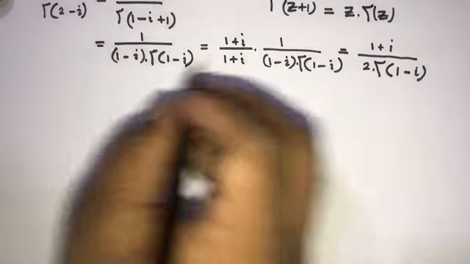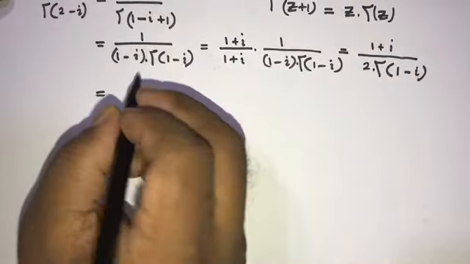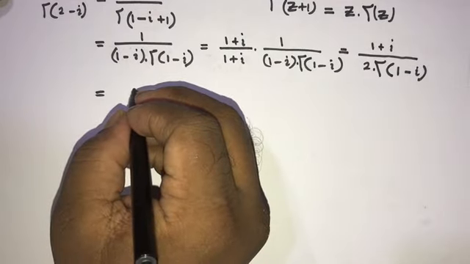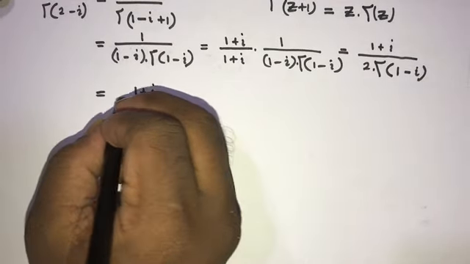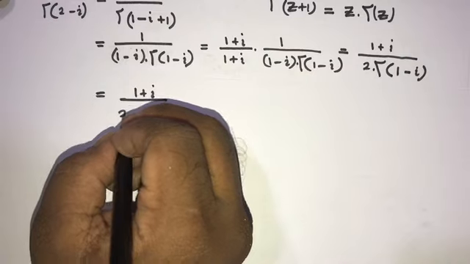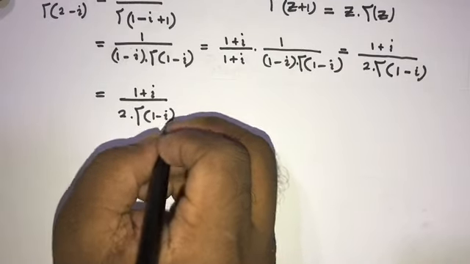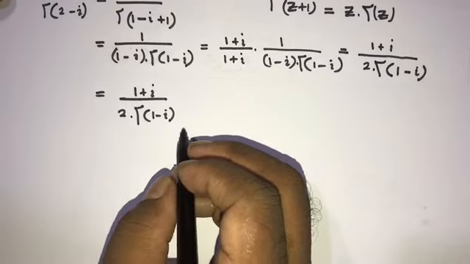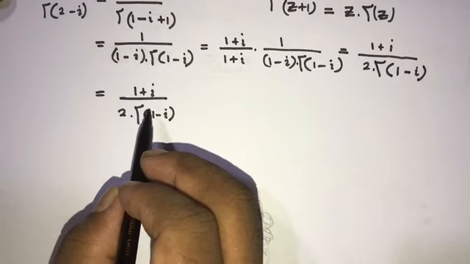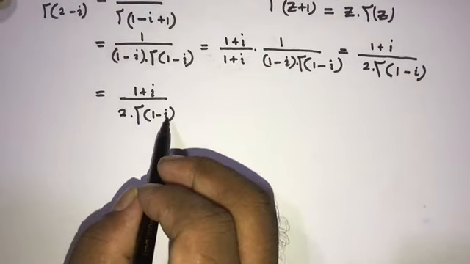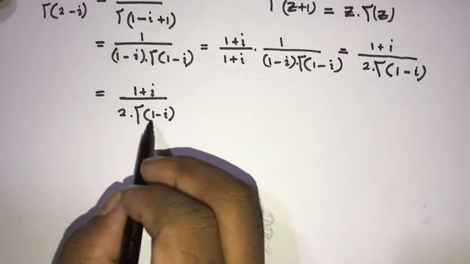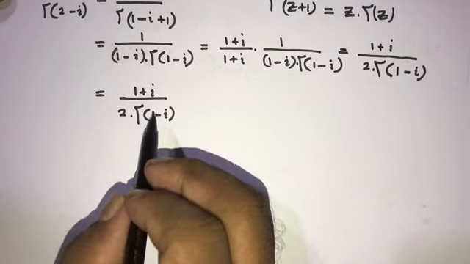Okay, I rewrite here: 1 plus i over 2 times gamma of 1 minus i. We started with 1 over gamma of 2 minus i. Now we have 1 over gamma of 1 minus i.